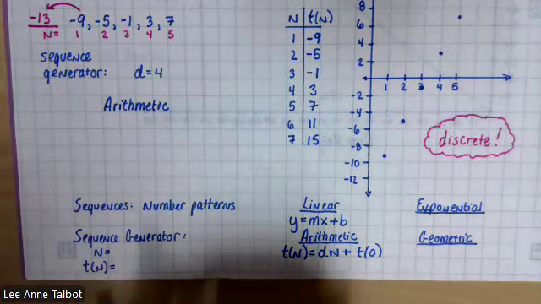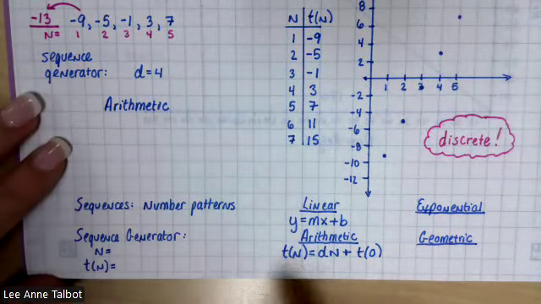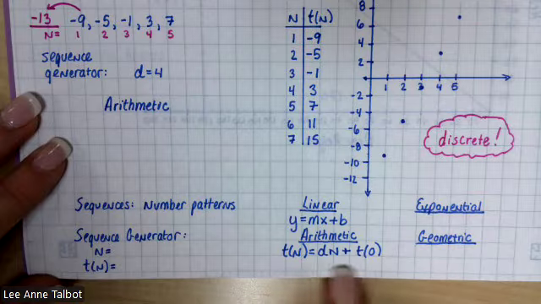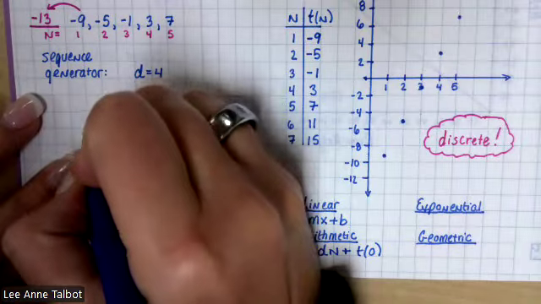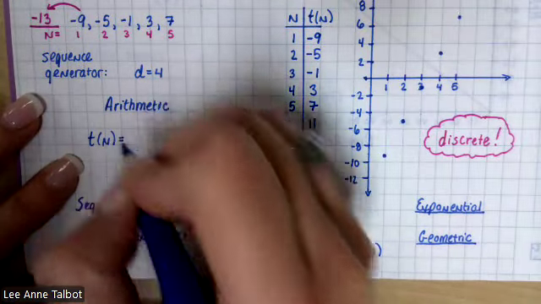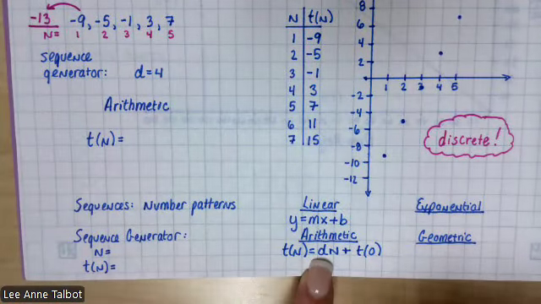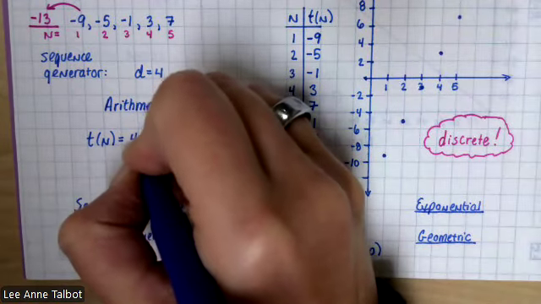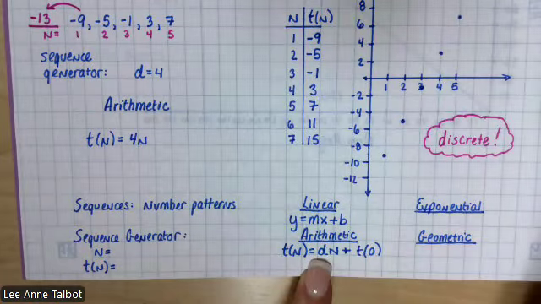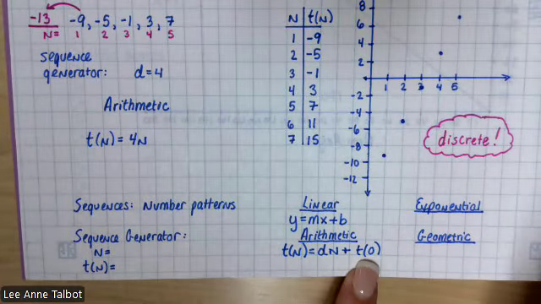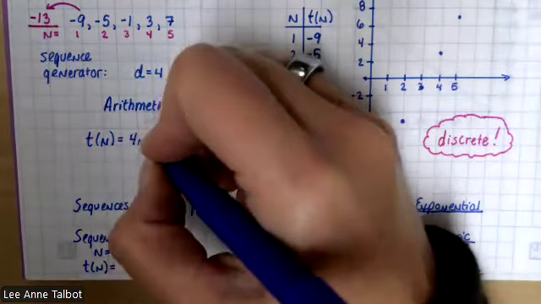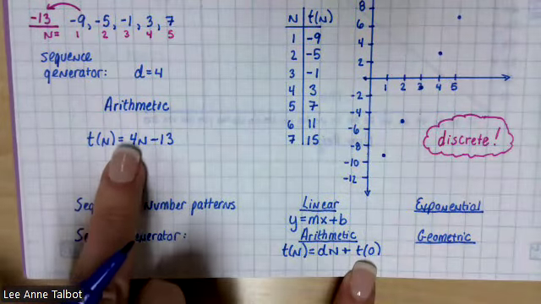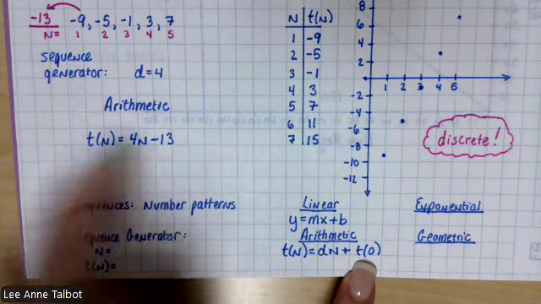And we're going to write our equation. It's going to look like y equals mx plus b, but it's going to have these symbols instead. So T of n equals, the growth is 4n plus term 0, which is -13. Just like y equals mx plus b.